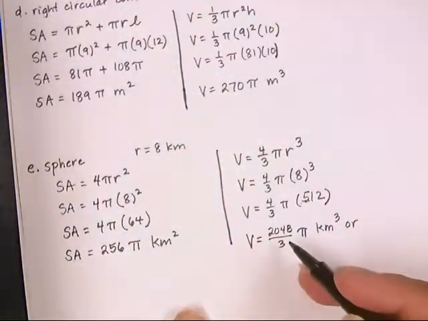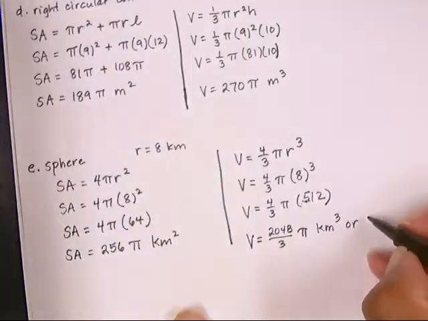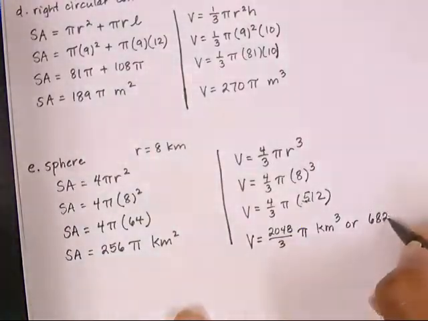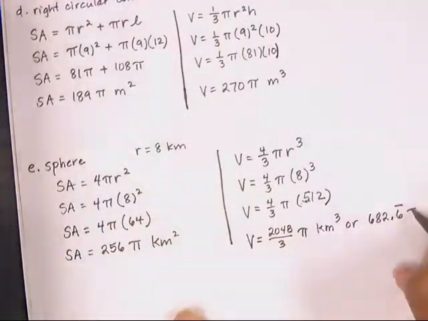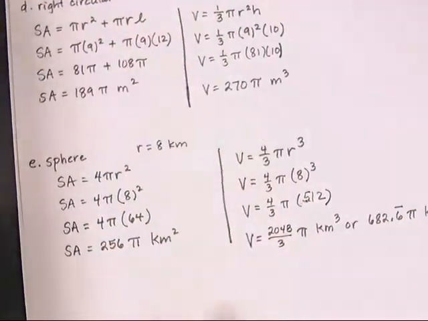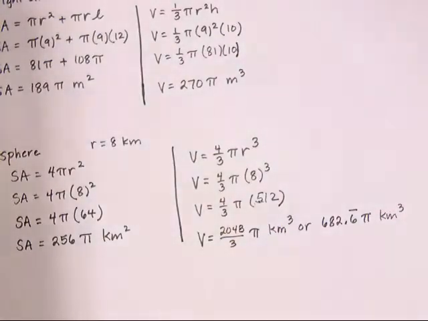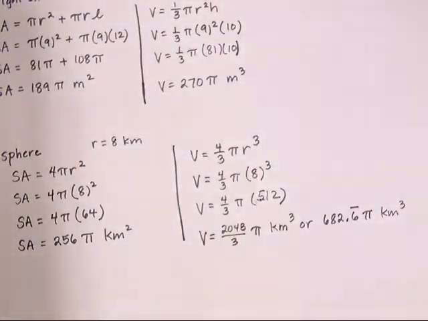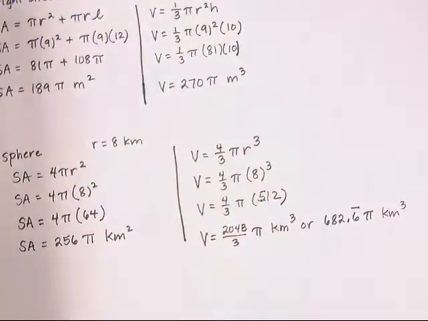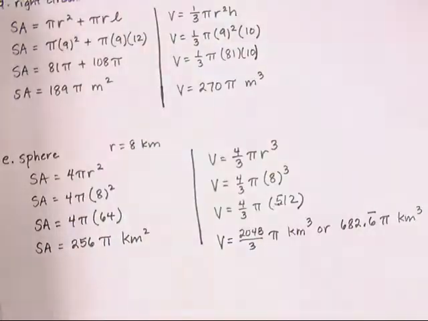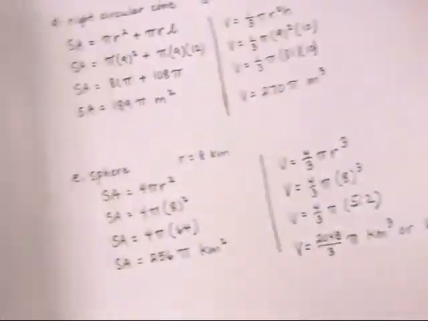Or you can divide 2048 by 3 and you'll get 682.6 repeating times pi cubic kilometers. Right, so that's number 22. Now number 23.